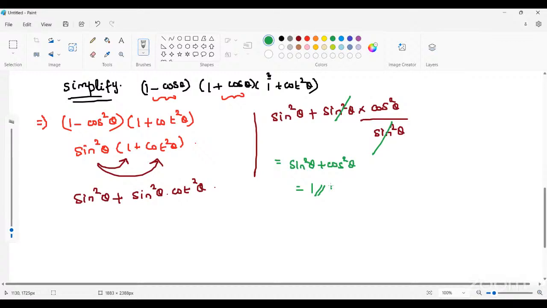The word itself says simplify. Simplify means make it into simple terms. So quickly take down, students, so that we can move on to the next sum.